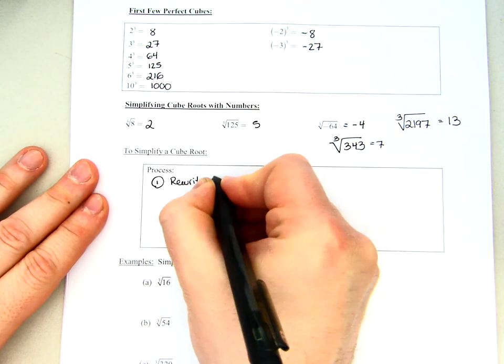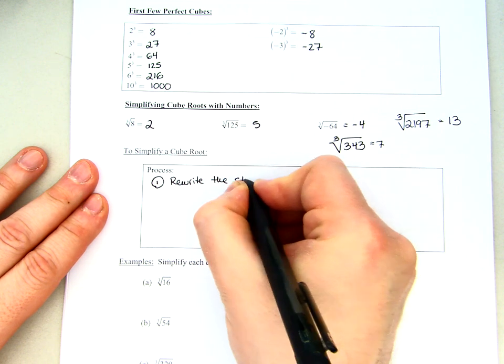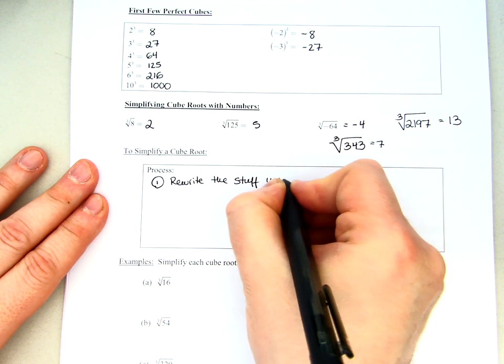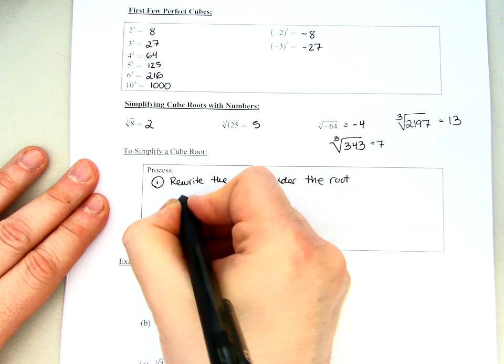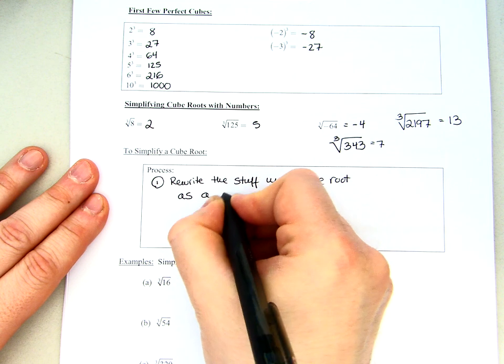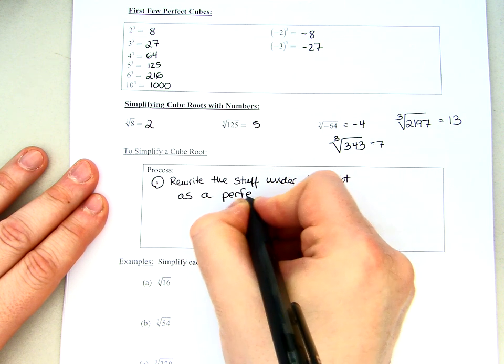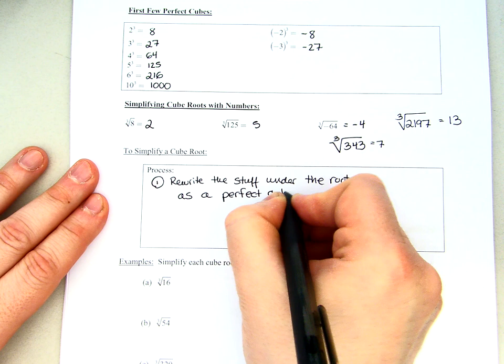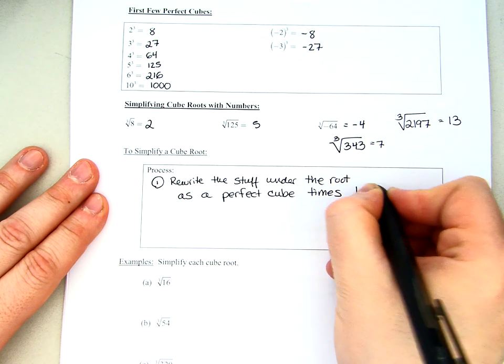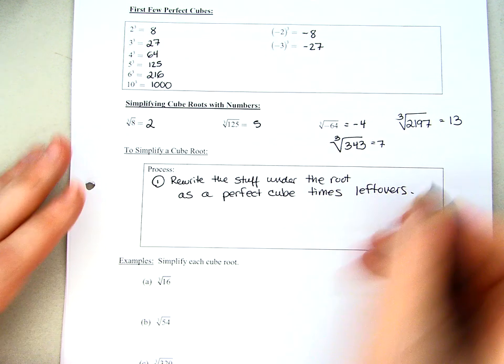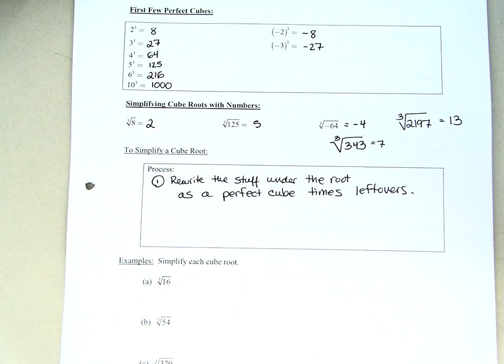Rewrite the stuff under the root as a perfect cube times leftovers.